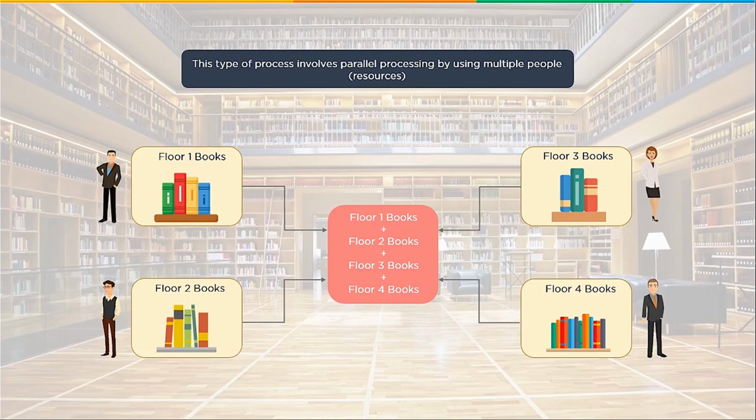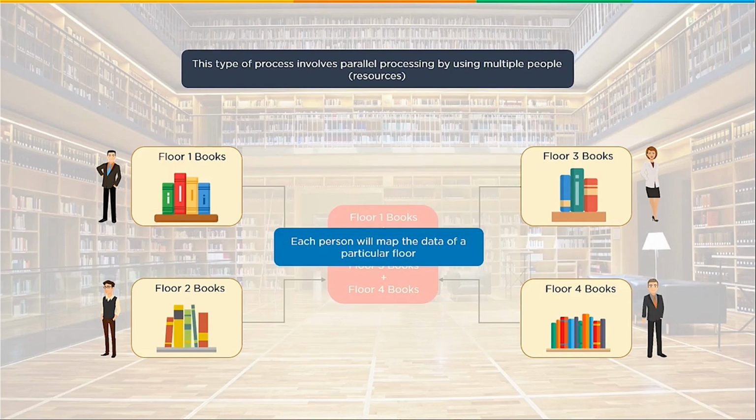So every individual would be counting the books on every floor in parallel, so that reduces the time consumed for this activity. And then there should be some mechanism where all these counts from every floor can be aggregated. So what is each person doing here?